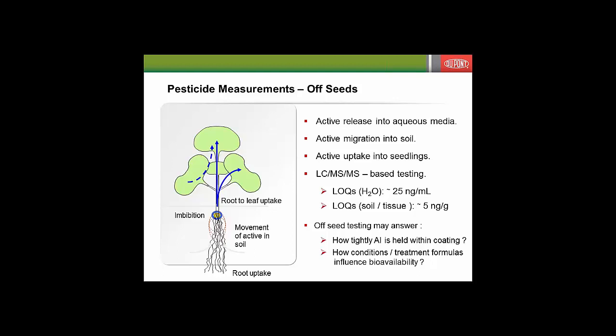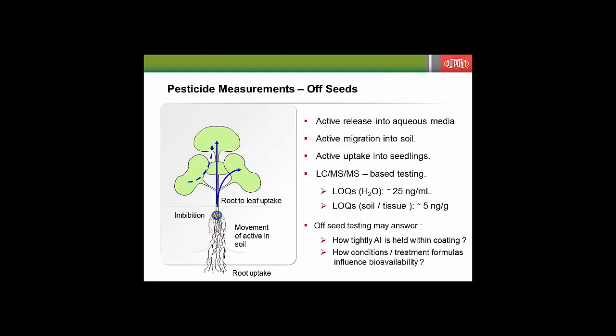These types of analyses are where we reach out to LC mass spec based testing. When looking at release in aqueous media, typically we might be looking at test solutions that might be around 25 nanograms per milliliter, but then when looking at soil and tissue, we're looking at a lower concentration of around 5 nanograms per gram.